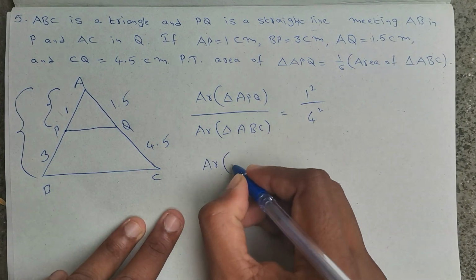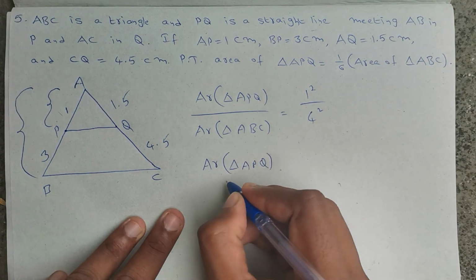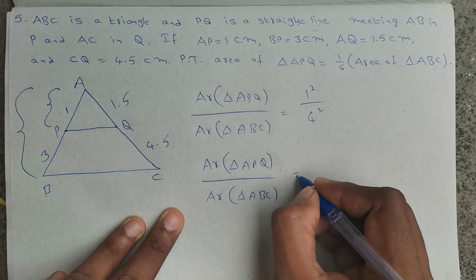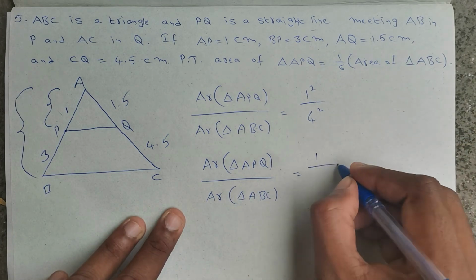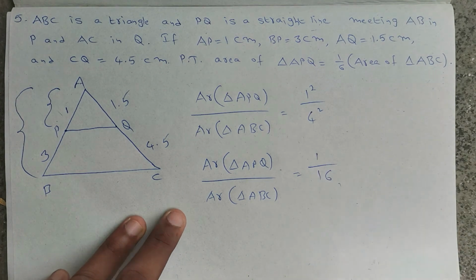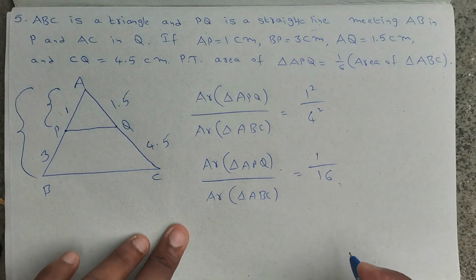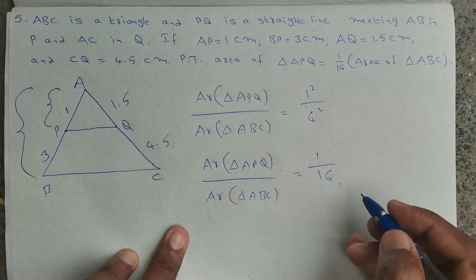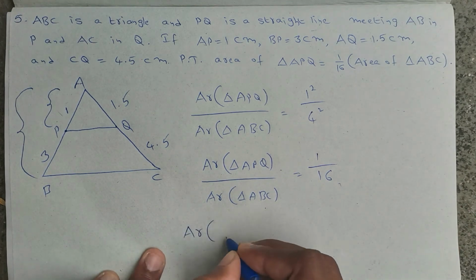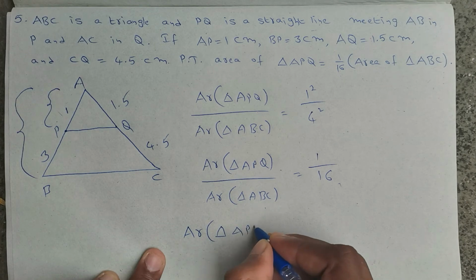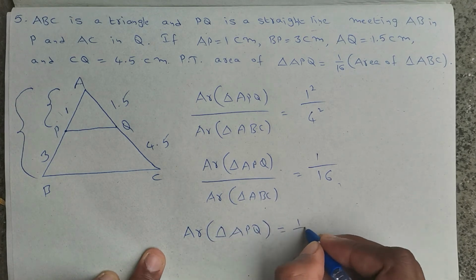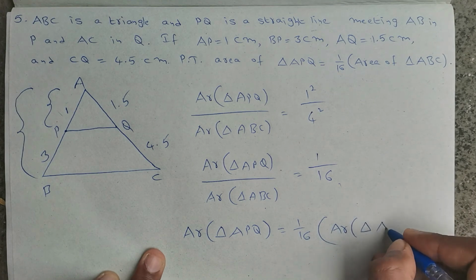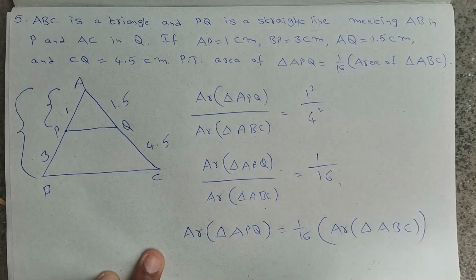Now area of triangle APQ divided by area of triangle ABC is equal to 1 square is 1 divided by 4 square 16. Now I will take the area of triangle ABC towards the right side. So we will get area of triangle APQ is equal to 1 by 16 into area of triangle ABC.